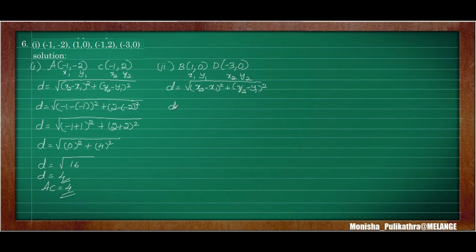Substitute the values for x1, x2, y1 and y2. So the value for x2 is minus 3, so write down the minus here, and the value for x1 is 1. So (minus 3 minus 1) whole square plus the value for y2 is 0 minus the value for y1 is also equal to 0. So (0 minus 0) whole square. So 0 minus 0 is 0 itself.